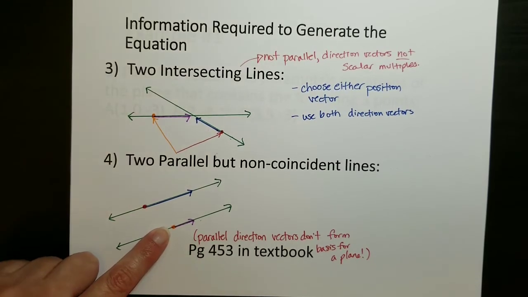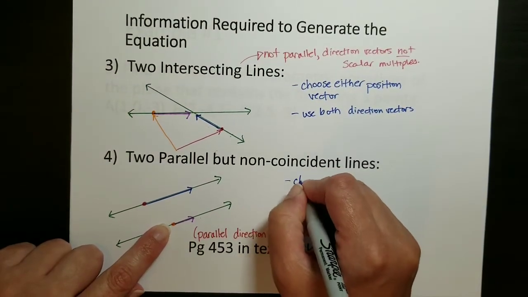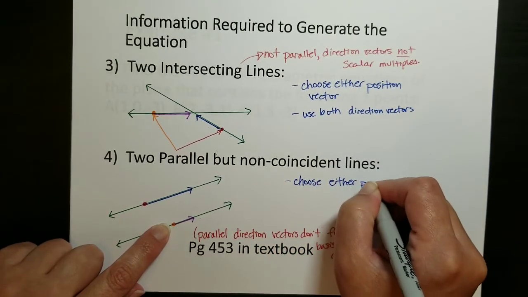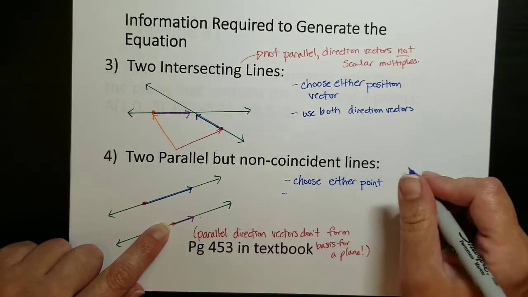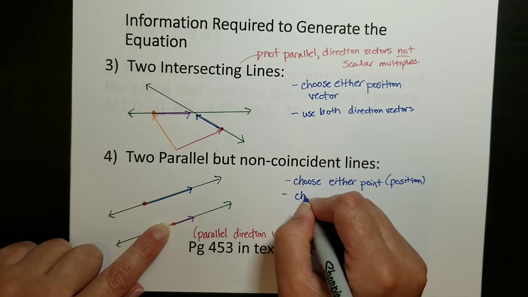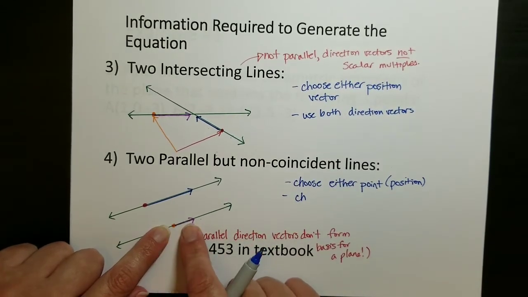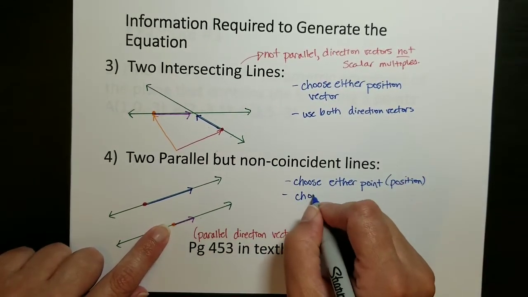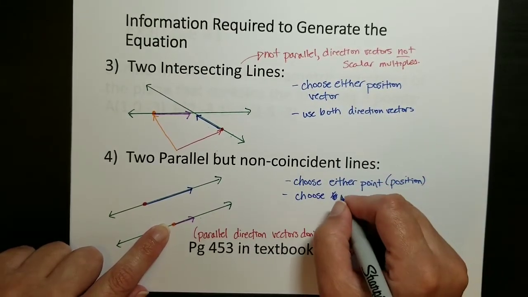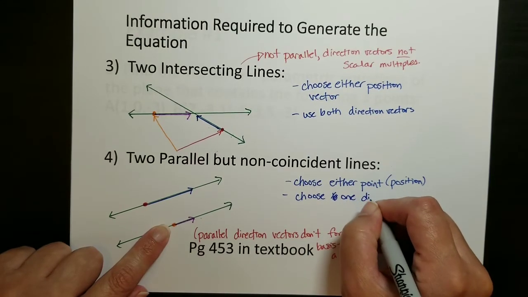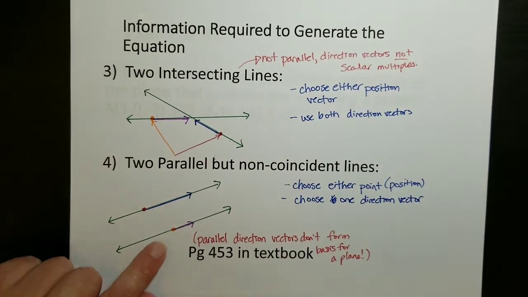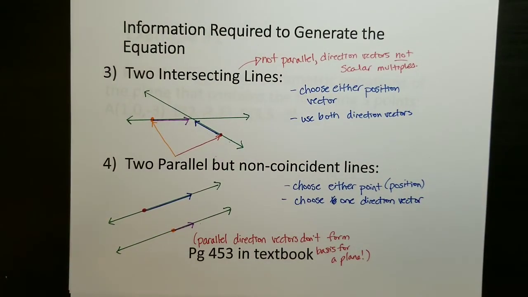I have two position vectors, so I have a good choice there. I can choose either point for position. And I can use one of these two direction vectors. I can use blue or purple, but not both. Choose one direction vector. But I need another direction vector.